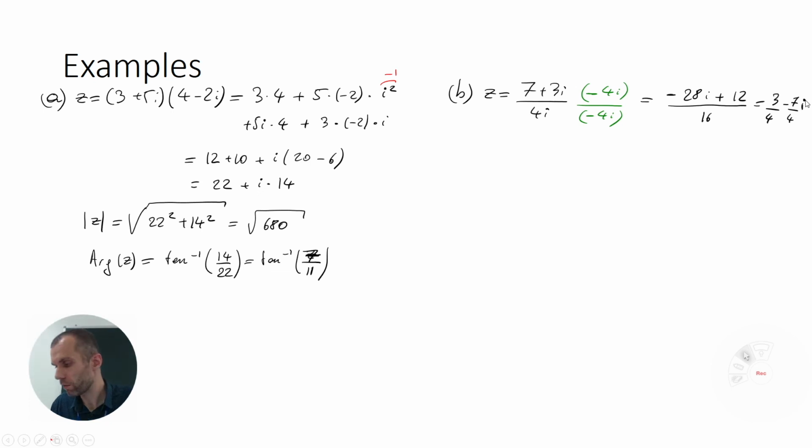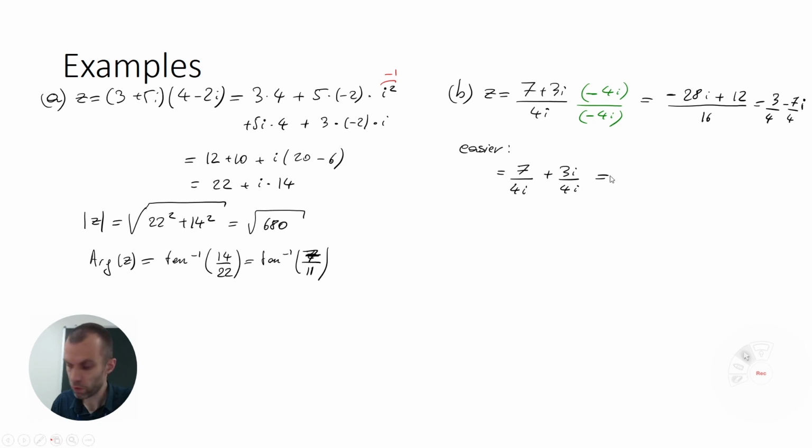So now that's a good calculation, but you can be a bit faster here. So an easier way to get to the same result is to use the fact that we only have an imaginary number in the denominator, so we can do the division term by term. So it's 7 divided by 4i plus 3i divided by 4i.